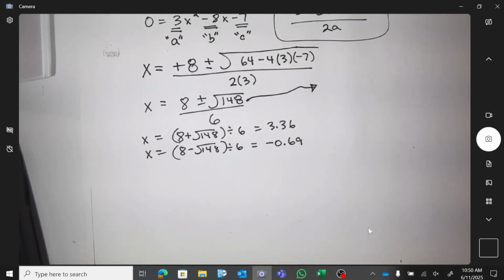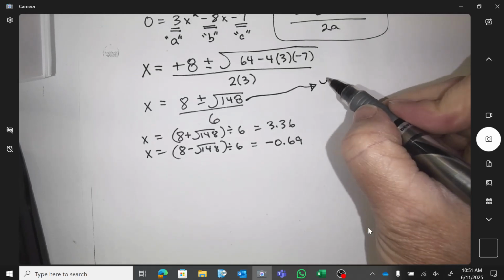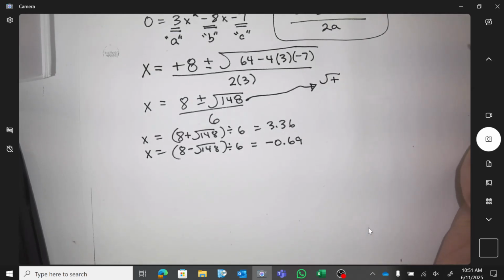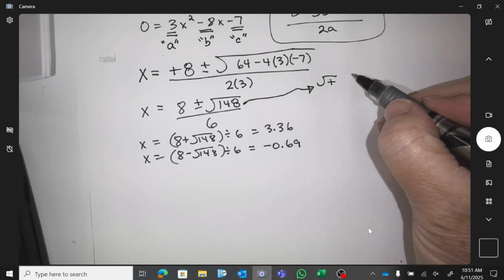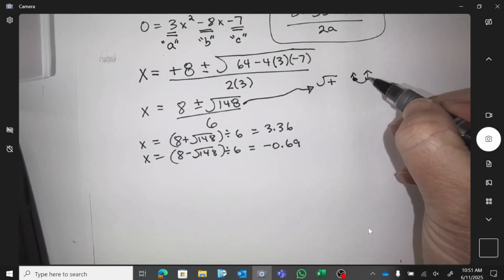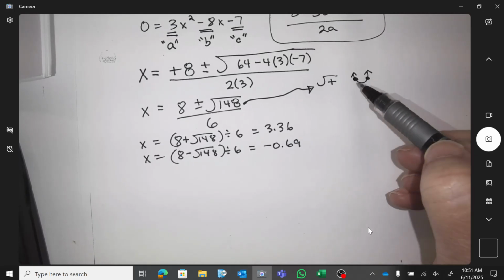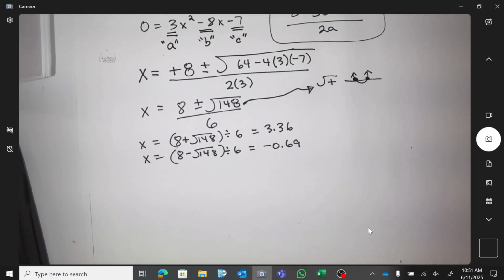Let's talk about this square root of number part of the formula. If that was positive, which it was, you're going to have 2 x-intercepts, which we had.